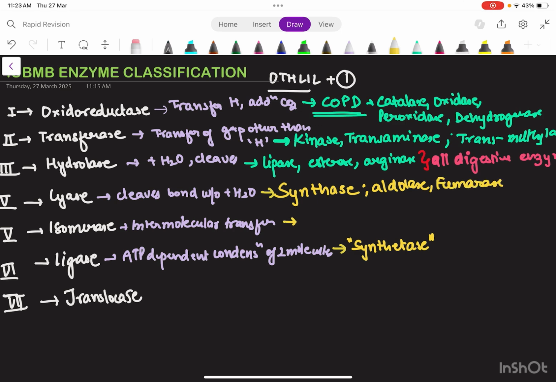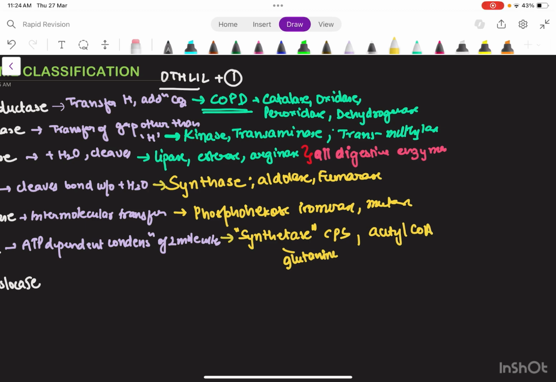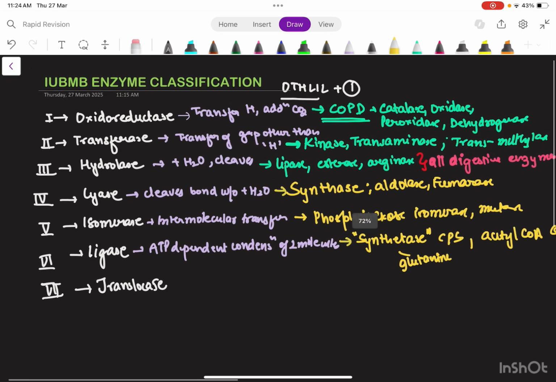Isomerase, you know the one involved in glycolysis, phosphohexose isomerase, mutase, and so on. Ligases, we have CPS, then glutamine synthetase, right? Then we have acetyl CoA carboxylase, right? So this is the thing about it.